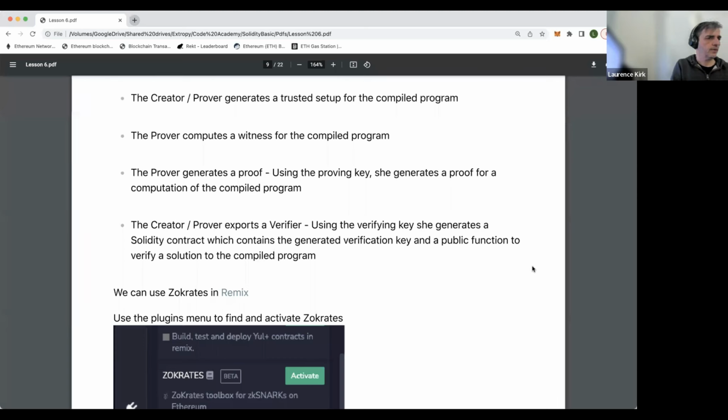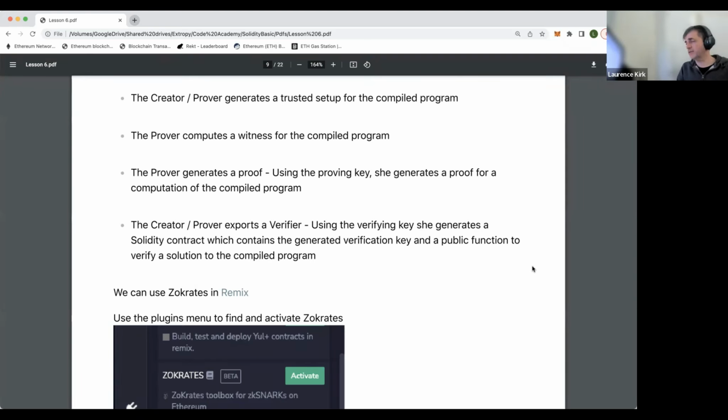So this is one of the advantages of doing this on a blockchain, is that you don't need a person to do the verification. You can have the verification being done in a contract. And then you can take the proof that you created and input that to one of the functions within the verification contract, and it will come back with a true or a false, saying whether this is a correct or incorrect proof.